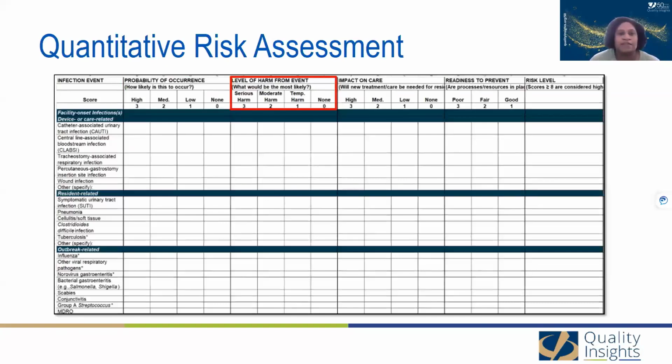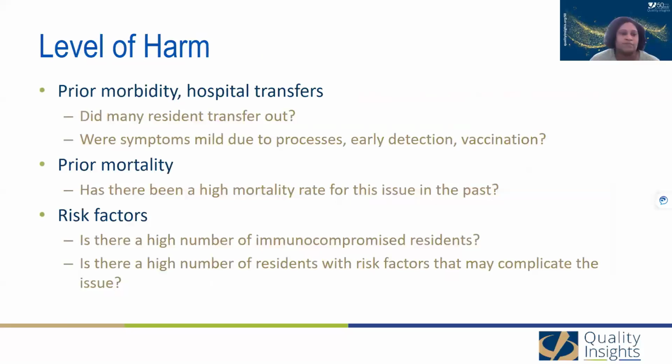The next column is level of harm from the event. What would be the most likely? So if there's prior morbidity or hospital transfers out, did a whole lot of people transfer out? Were the symptoms mild due to your processes being strong?